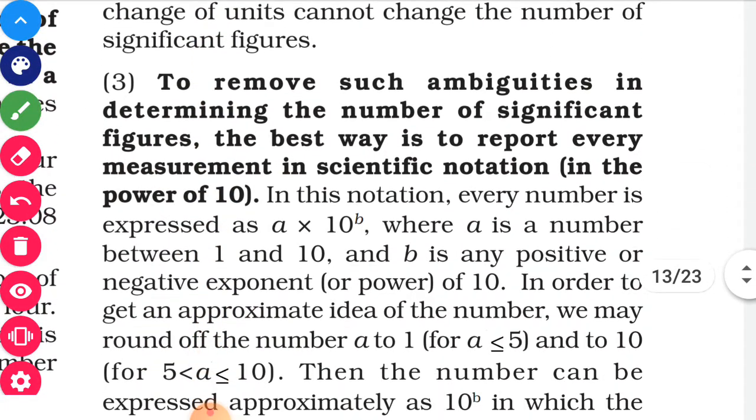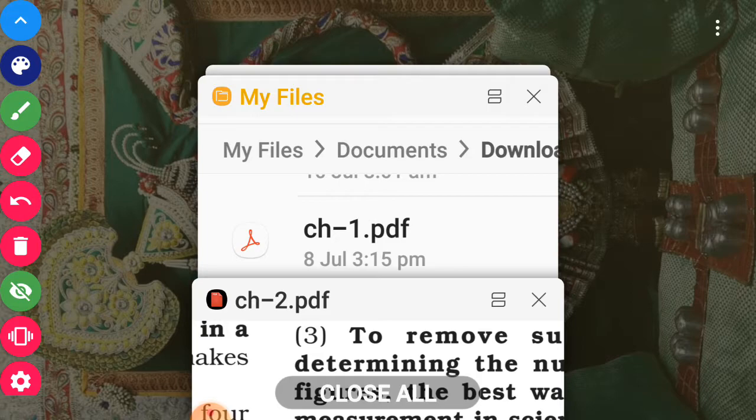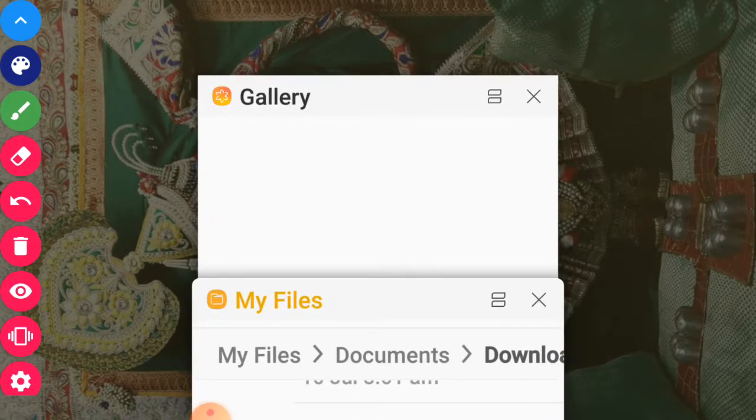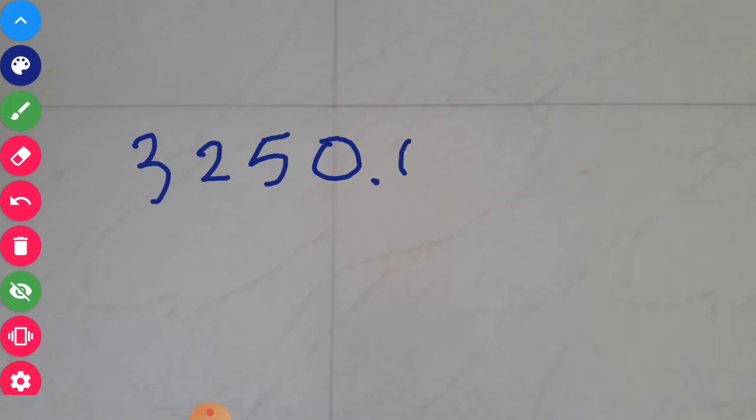Now to remove the ambiguities, sometimes we change the digits into powers of 10. Try to understand this way. Say you have one number, say 3250. Here there is a decimal point.